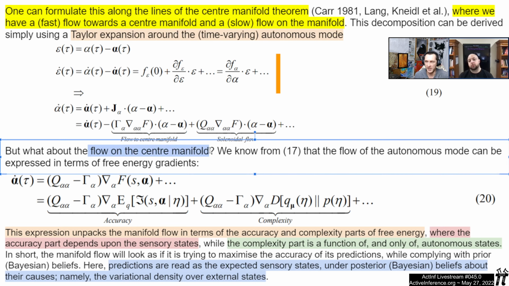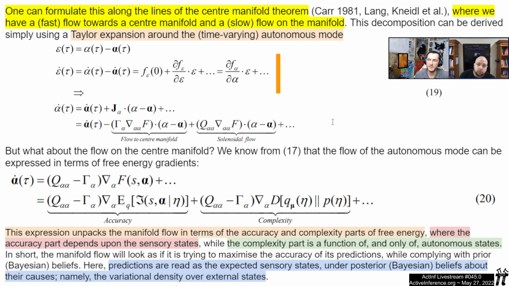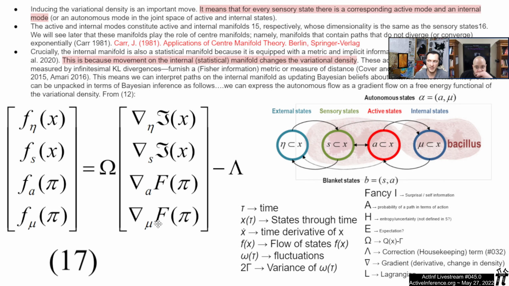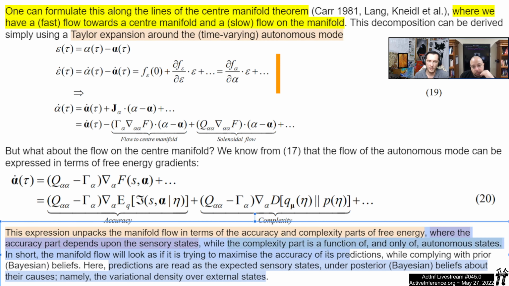What about that flow on the center manifold? We know from 17 that the flow of autonomous mode can be expressed in terms of free energy gradients. Those are the two F's on the autonomous. So this expression 20 unpacks the manifold flow in terms of accuracy and complexity parts of free energy, where the accuracy part depends on the sensory states, and the complexity part is a function of and only of autonomous states. The manifold will look as if it is trying to maximize the accuracy of its predictions while complying with prior Bayesian beliefs.